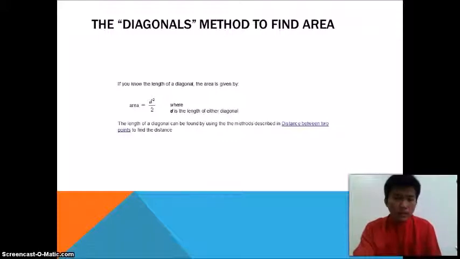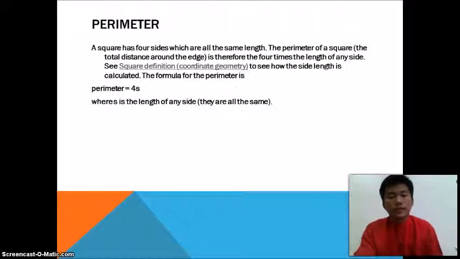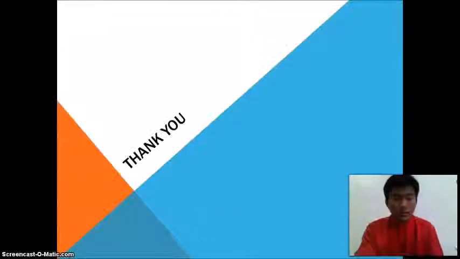If you know the length of a diagonal, the area is given by area equals d squared over 2, where d is the length of either diagonal. The length of the diagonal can be found by using the method described in distance between 2 points. So it's just the same method.